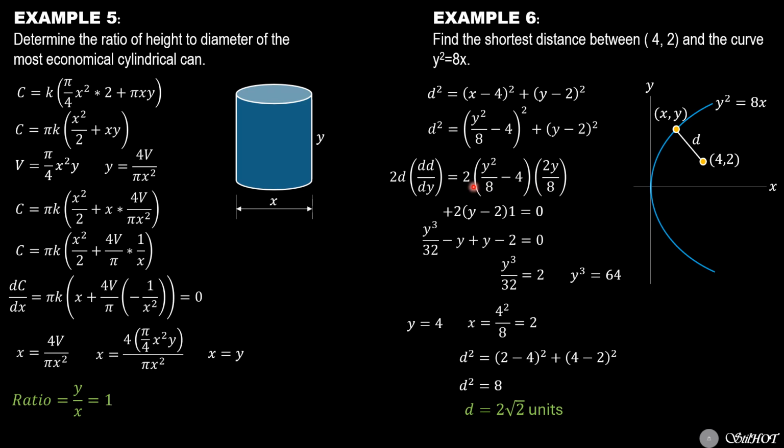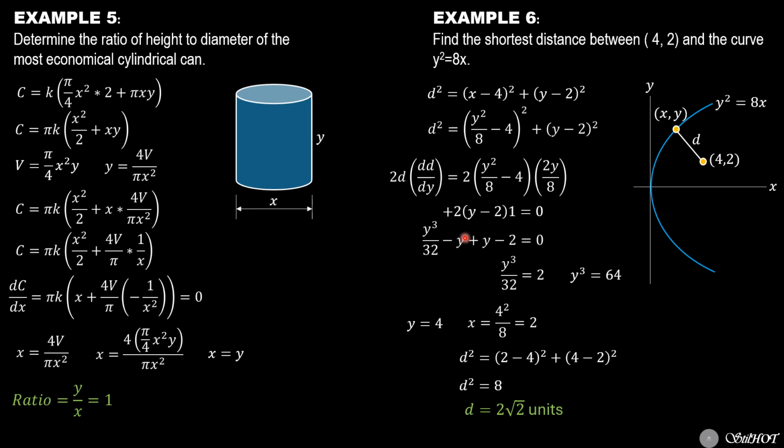So distribute, we have y squared over 8 times y over 8, that is y cubed over 32. Then negative 8 times, because we already canceled 2, negative 8 times y over 8 is negative y. Then we already canceled 2, so this is just y minus 2 equals 0.